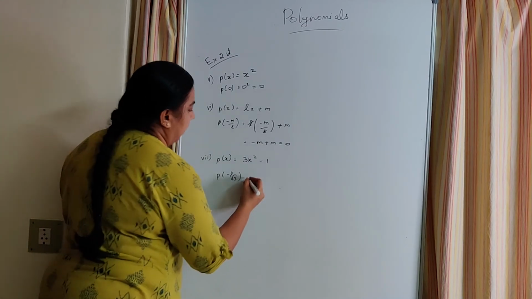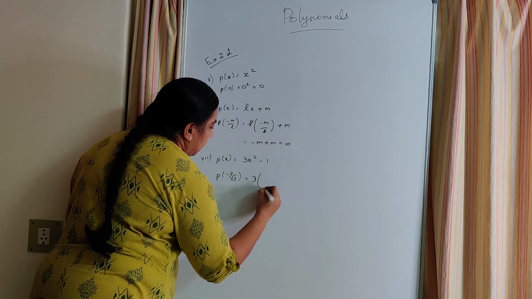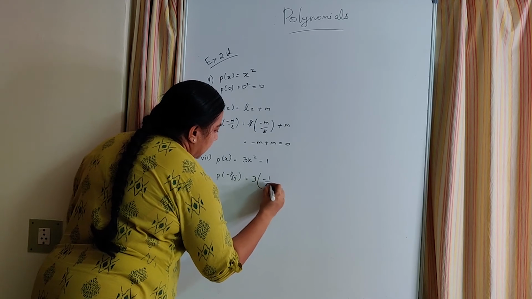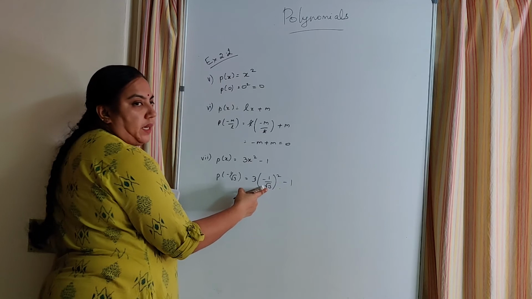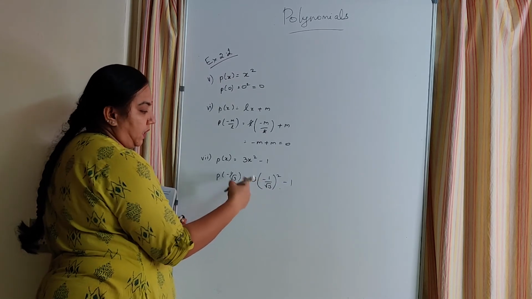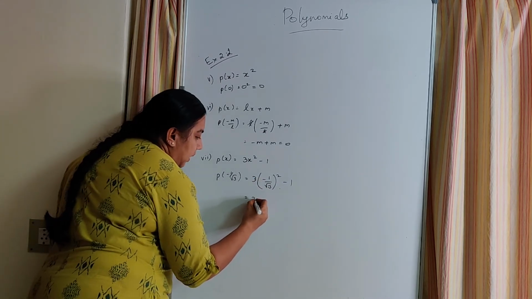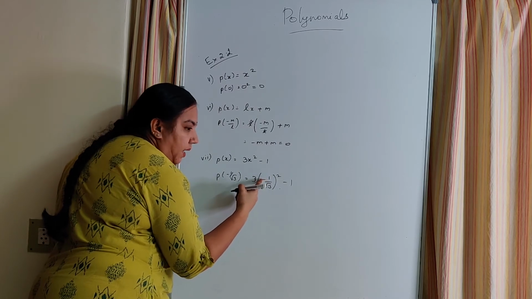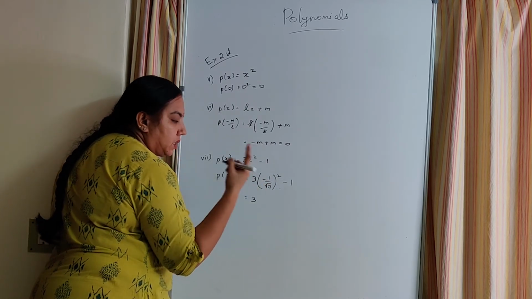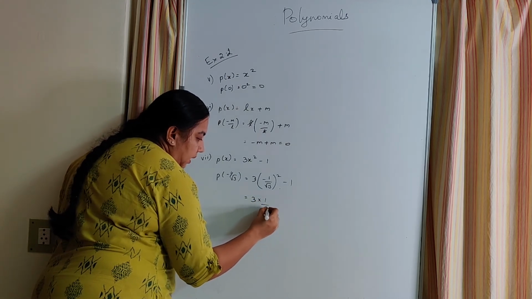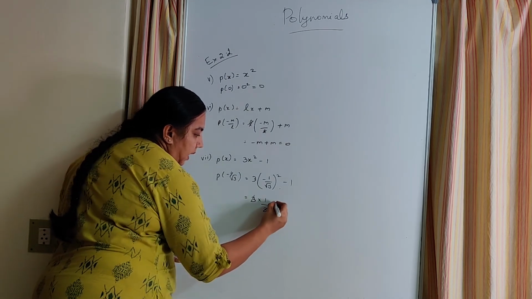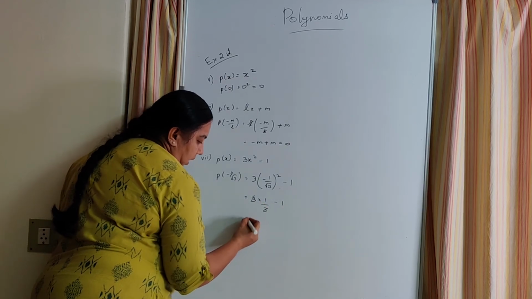When I substitute that value, 3 in the bracket minus 1 by square root of 3 whole square minus 1. So when I square it, this square root goes off. So it becomes 3 and again when I square it, this minus also goes off. Minus 1 into minus 1 is plus 1 and because of that it becomes 1 by 3 here. This 3 and this 3 get cancelled and the remaining is 1 minus 1.